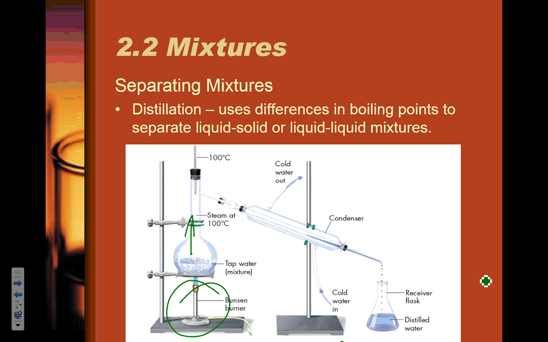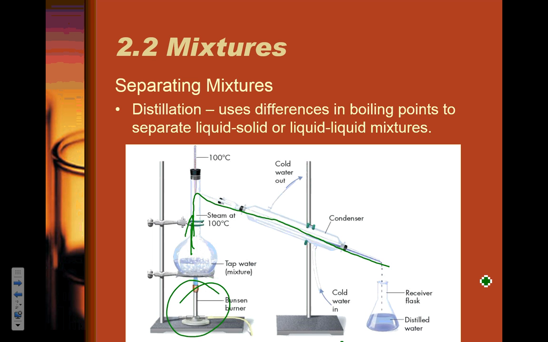As that gas rises up in the air, it's going to move out through this device. Now, the problem is it's at a very high temperature, since water exists in the gaseous state when it's above 100 degrees Celsius. So at some point in this process, we need to cool that gas back down to recondense it into a liquid.